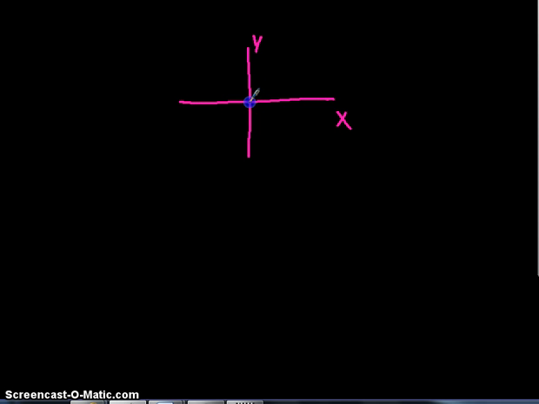If you notice, that acute angle went counterclockwise. Now if I look at this angle, which is an obtuse angle, this is my terminal side right here, and again, that's my initial side. It's going counterclockwise, in the opposite direction that the hands of a clock go.